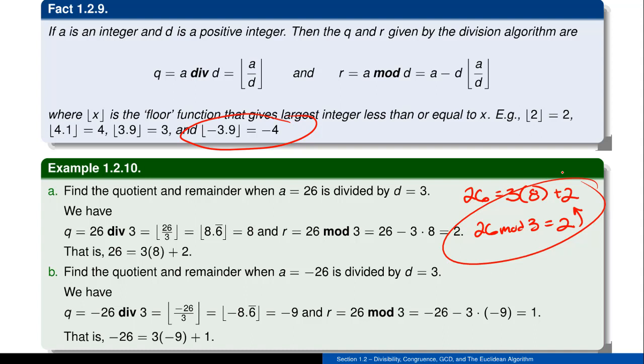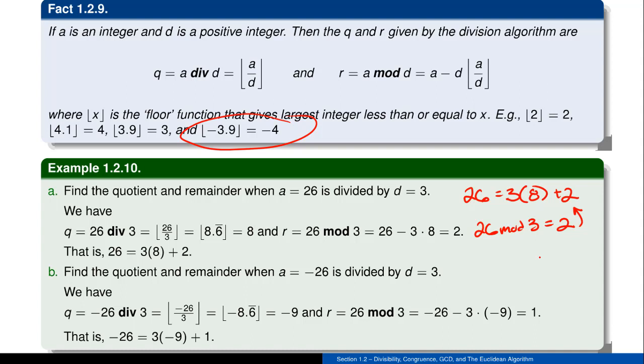This modulus is going to store a whole bunch of very useful information. What's nice about this is that we can flip this to the negative side. If I take negative 26 and divide it by 3, and this is the one that some people often have struggles with, is that they mess up the negative sign a little bit. This is where that floor command is very fundamental. So if I take the negative 26 and divide it by 3, it's again going to kick out this 8.66 repeating, but it now has a negative sign out in front.